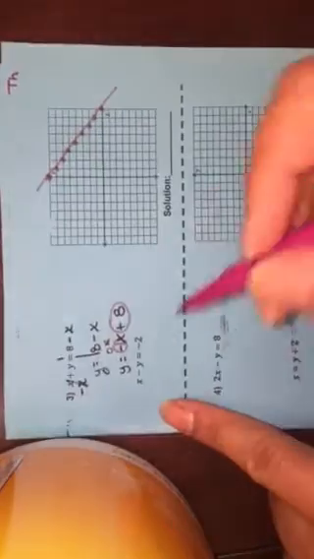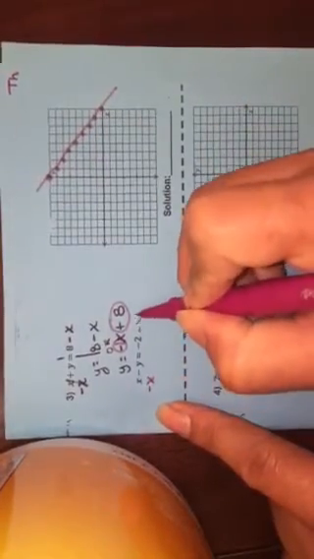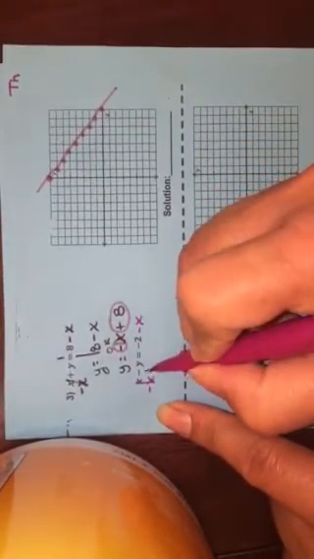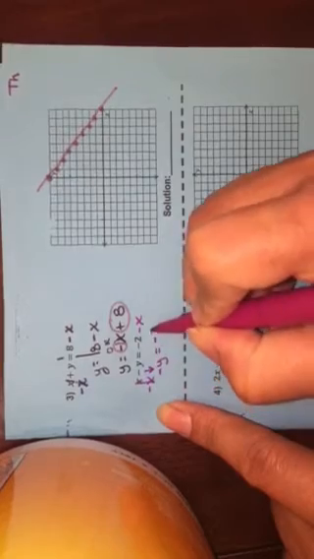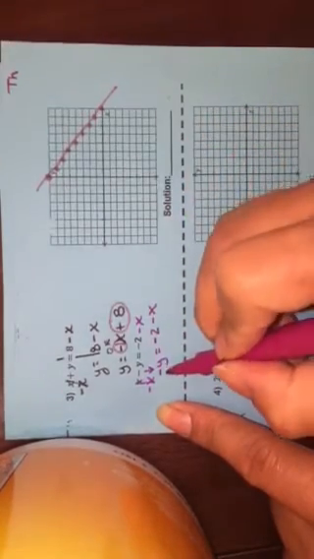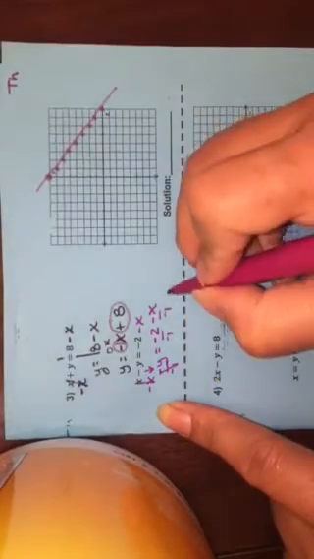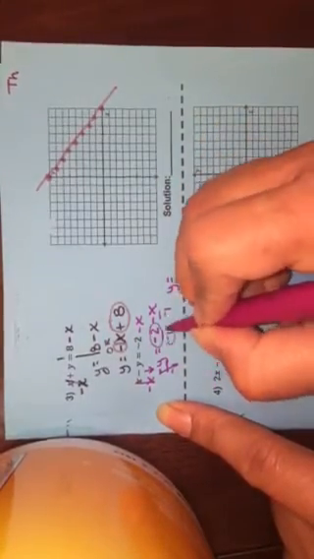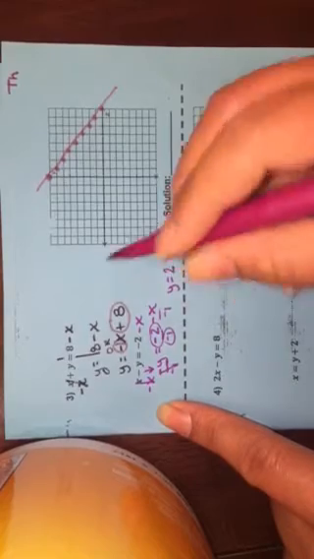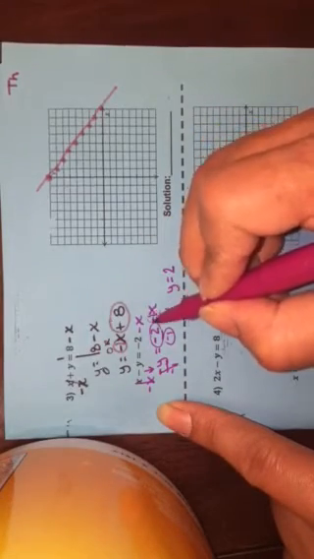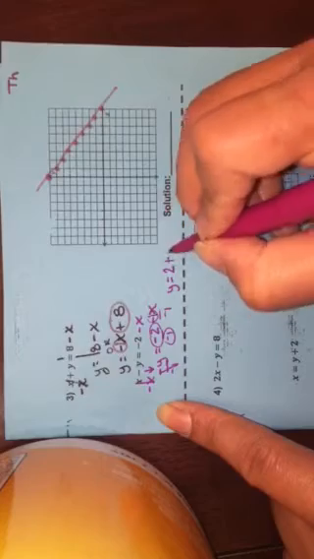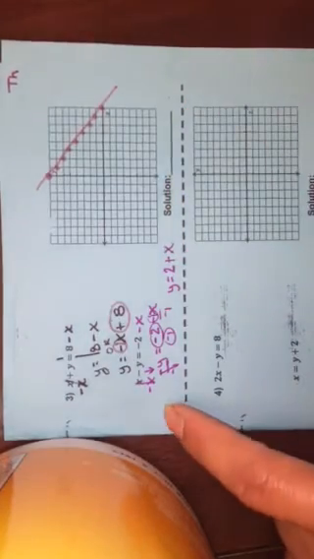Now I'm going to solve the other one for y as well. So I'm going to do -x, -x. That cancels. Don't forget you still have a -y equals -2 minus x. Divide everybody by -1. So y equals -2 divided by -1 is just +2. -1 divided by -1 is also just +1x.